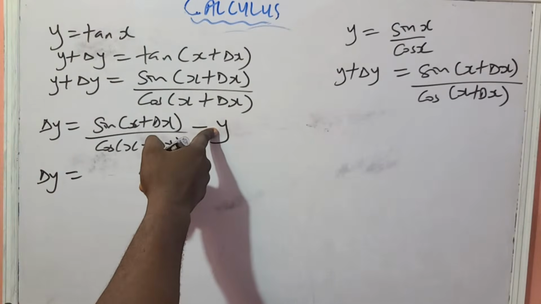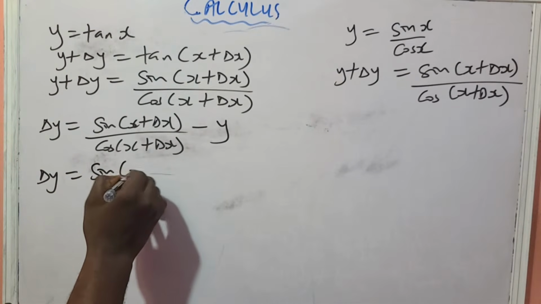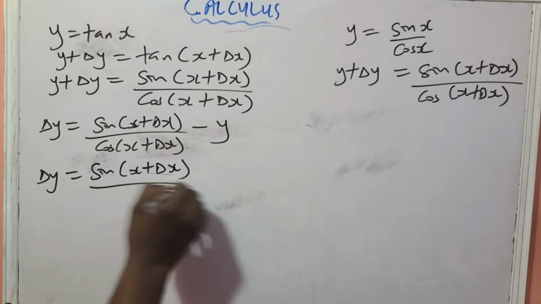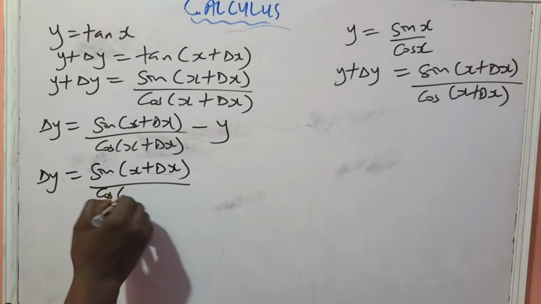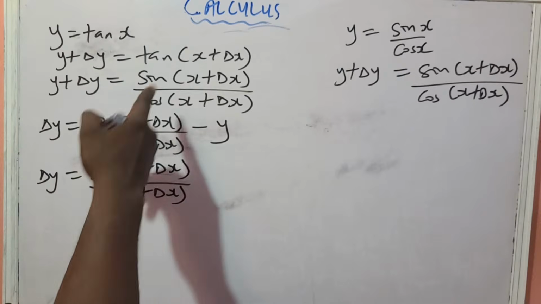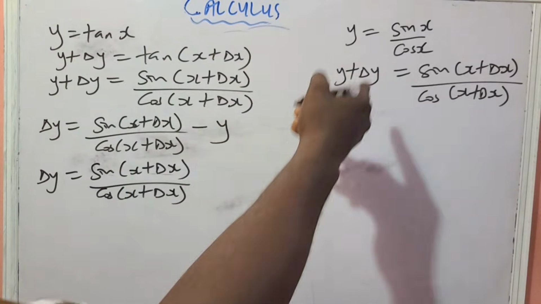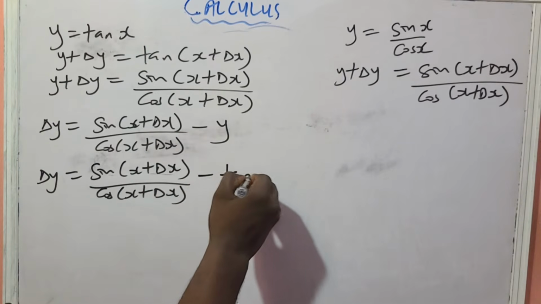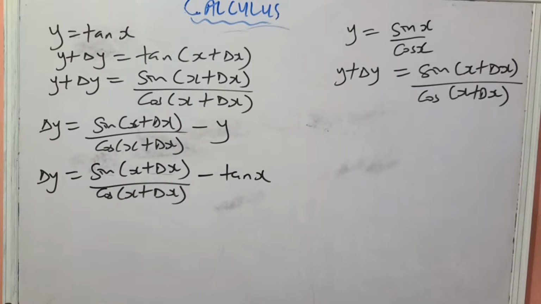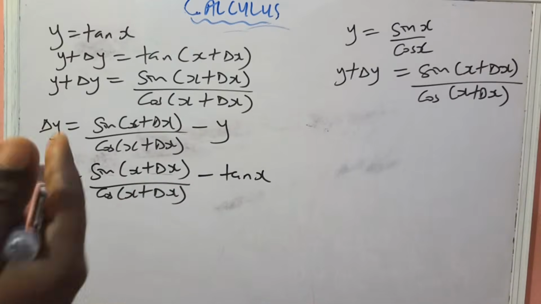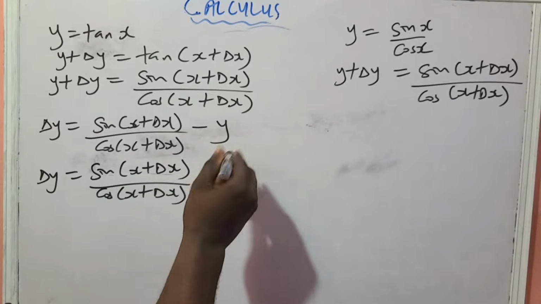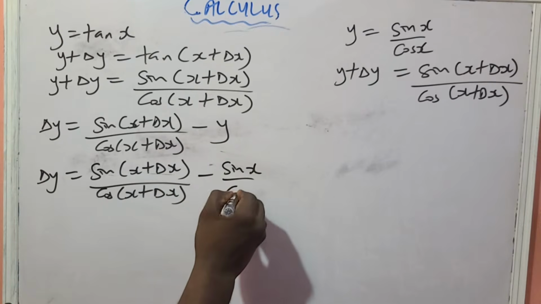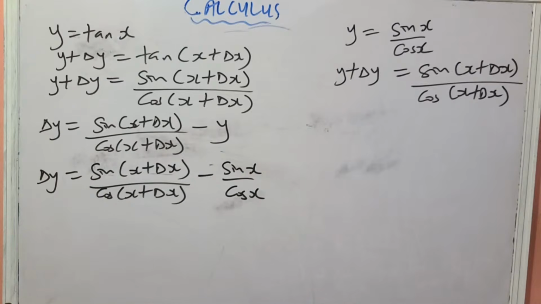Don't forget, it's not going to be nice at this point to write your y as tan x, because you have already substituted tan x with sin x over cos x. You do not want to write tan x now, even though you are not wrong. In the end, you would still have needed to substitute it with sin x over cos x, because we want to put things in the same order so that we can move more fluently.